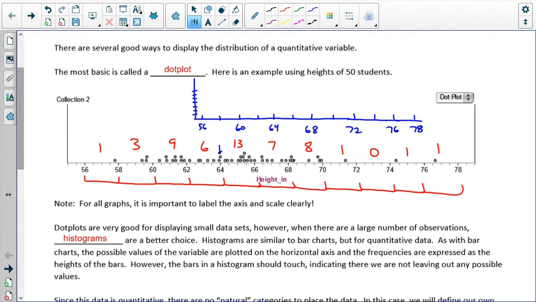So I want to try and keep my spaces as good as possible. And I need to go up to 13 because that's my highest one. And so I have 1 from 56 to 58. I have 3 from 58 to 60. I have 9.